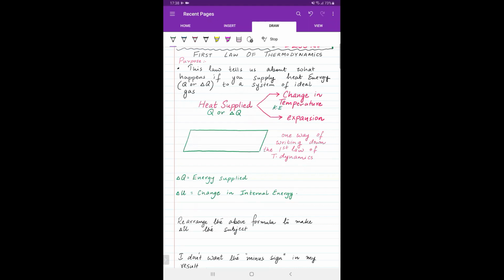And as stated earlier, kinetic energy affects the internal energy. So if that makes sense, the internal energy can be signified either by the symbol of U or by the symbol of delta U. और इसी के साथ साथ expansion, so उसको भी include कर दूं. So expansion relates to work done by the gas.